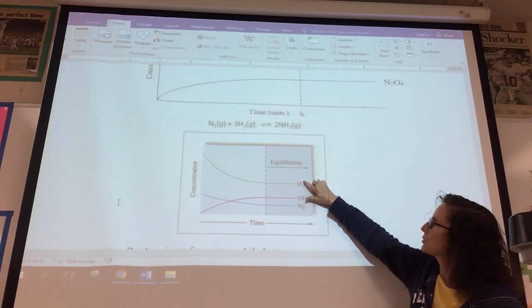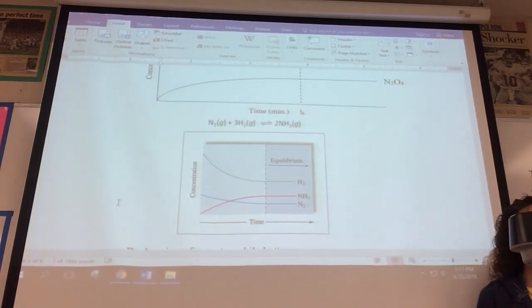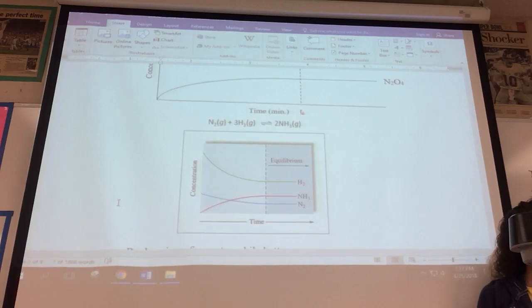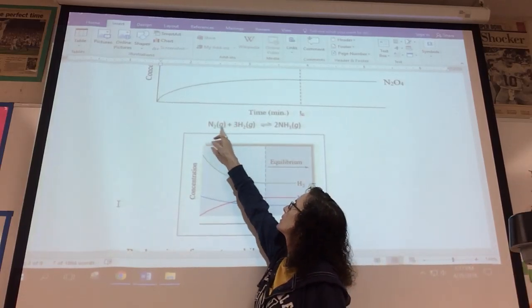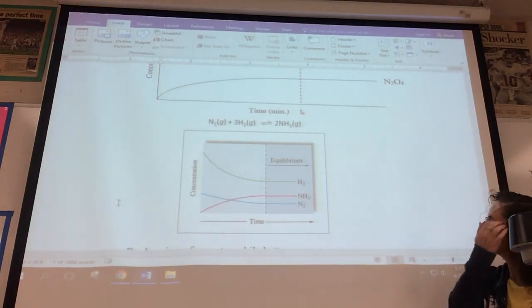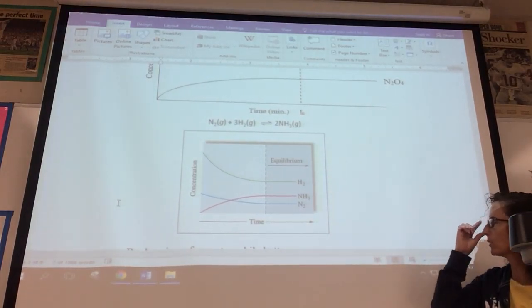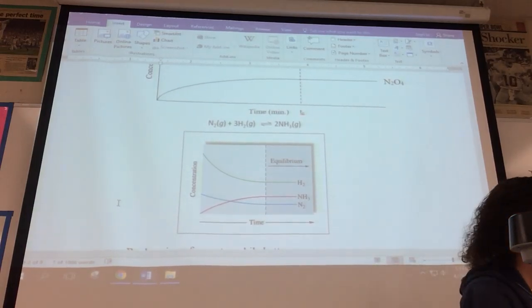Why would the concentration of hydrogen gas be greater than that of nitrogen gas at equilibrium? Absolutely. Mole ratio from balanced chemical equation is 3 to 1, stoichiometric coefficients. So these are all things that you've learned about, and it's just a matter of putting it together. This is the critical time at which equilibrium is established.